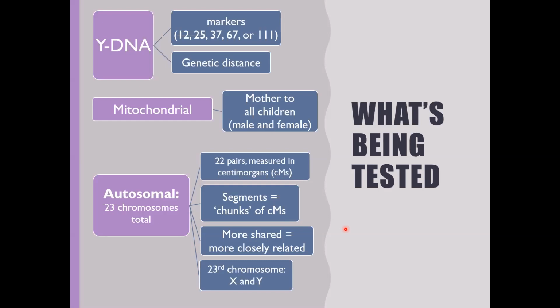And so you share 47 centimorgans in 2 segments. And again, the more you share, the more closely related you are. And then the 23rd is the X and the Y. But basically on all of these, the more you share, the more closely related you are.